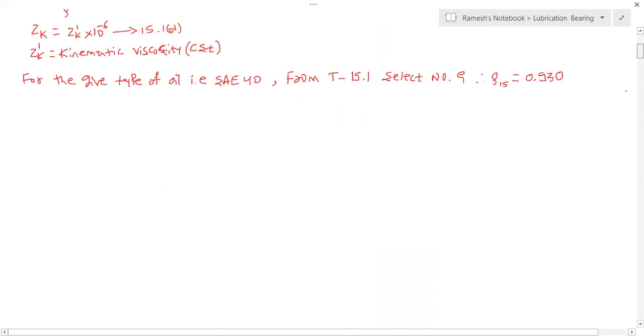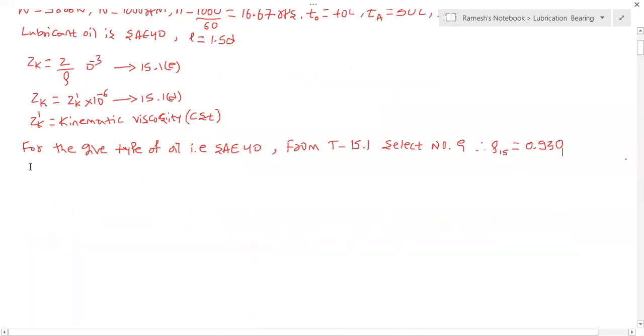Therefore, from figure 15.3, I have taken the kinematic viscosity.